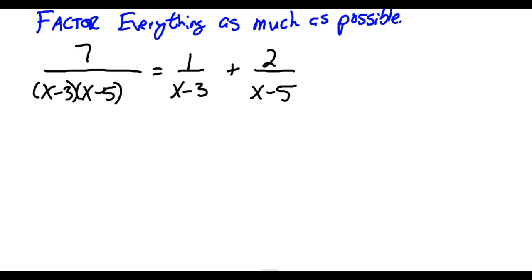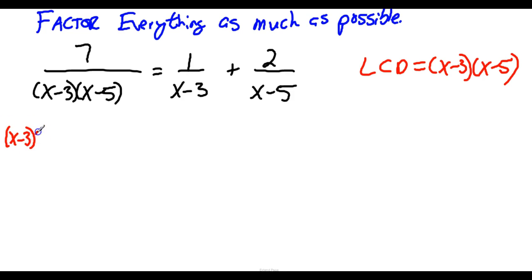So your least common denominator has to be x minus 3 and x minus 5. And for the solving, we're going to do the same thing as the last one. You're going to take all the terms there, multiply by that least common denominator. And all the fractions should be gone, leaving you with just whole numbers.